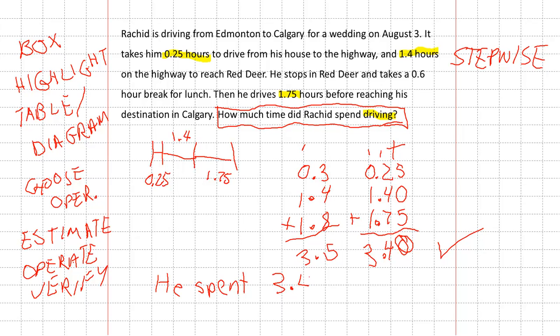We can drop the trailing 0 because it was a calculation, not a rounding. He spent 3.4 hours driving. Okay, that's our lesson on solving word problems involving decimals.